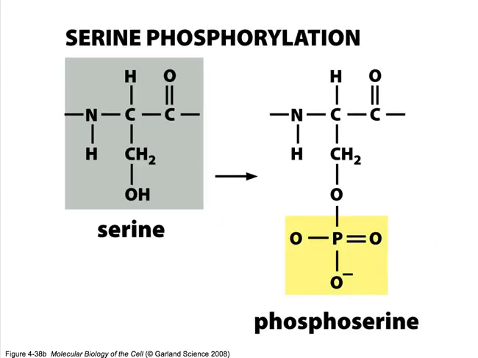Another amino acid also present in tails is serine, and serine is prone to phosphorylation to a higher degree than many other amino acids. So here is serine with its side group OH, and that can be then phosphorylated into phosphoserine by special enzymes.